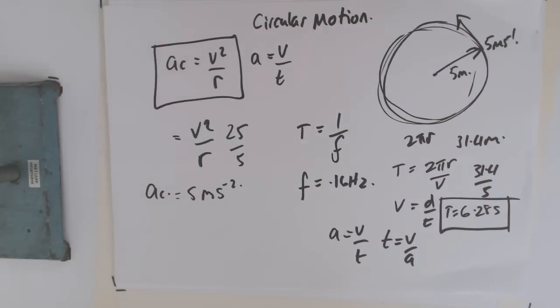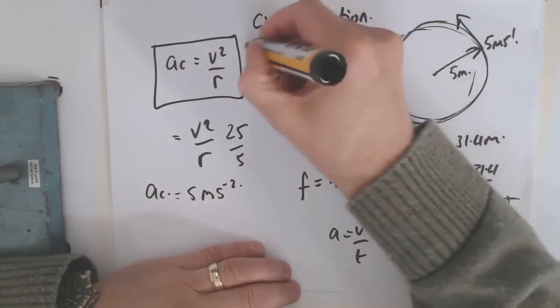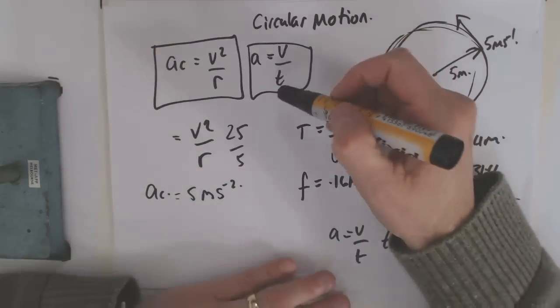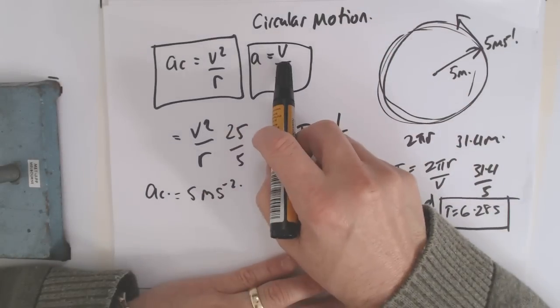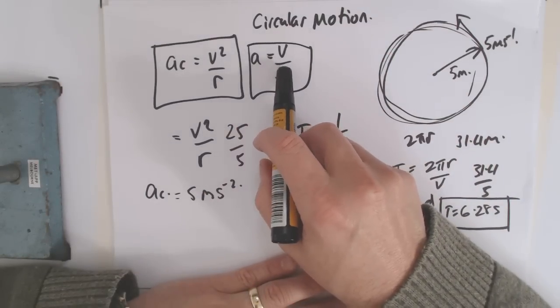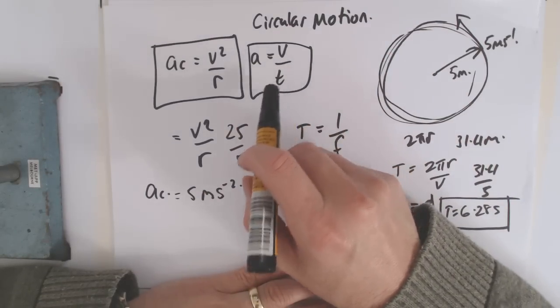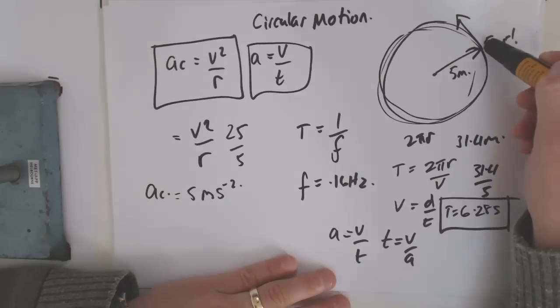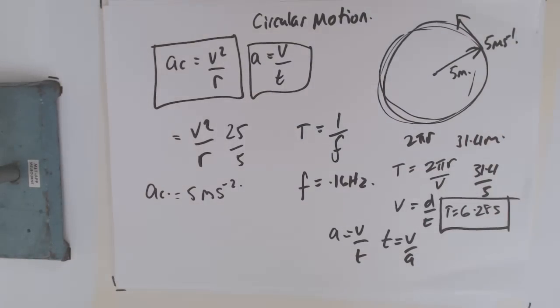And this formula here is for when your velocity is changing at a constant rate, then you can work out a time. It's not for a velocity that's changing direction. This is for a constant rate of change of velocity in a linear direction. And that's not happening here. So you've got to be quite clear whether you're dealing with motion in a straight line or circular motion.